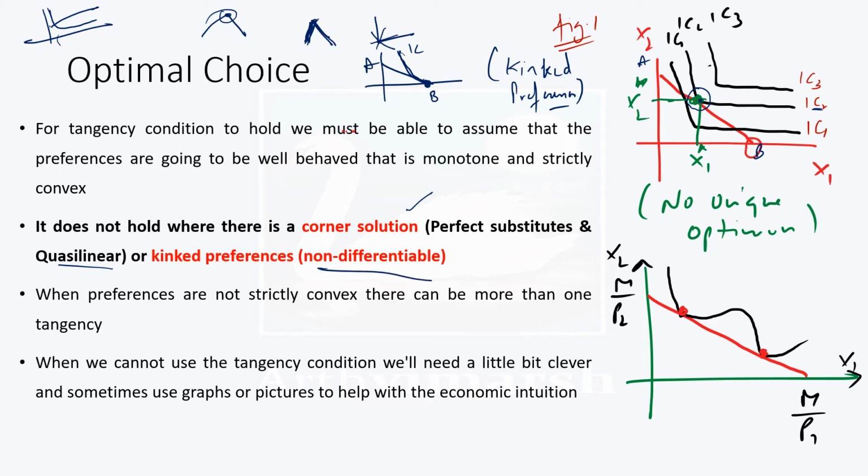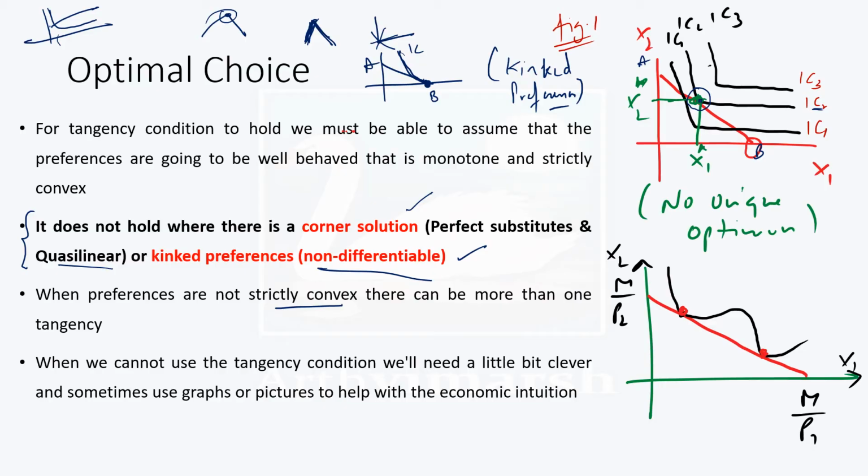And both are non-differentiable, if we talk in functional form. Primarily because of these reasons these two exceptions are there. And when preferences are not strictly convex, because we have been emphasizing again and again that they ought to be strictly convex, one tangency condition has to hold for an optimum.